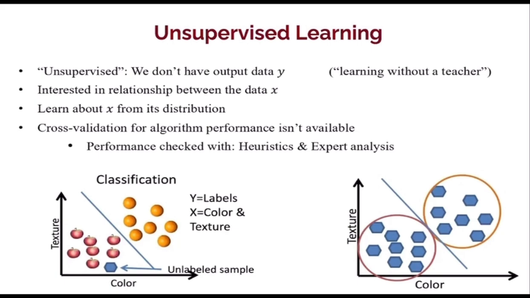When we say labeled and unlabeled, we are referring to the values of the outputs. And when do we use supervised learning? You use it for prediction and classification tasks, while unsupervised learning is used for pattern discovery and data exploration.